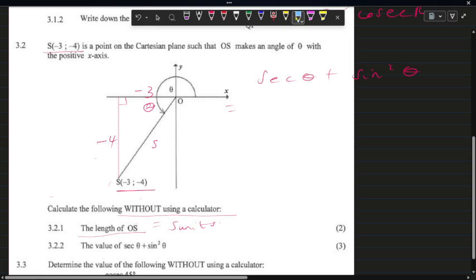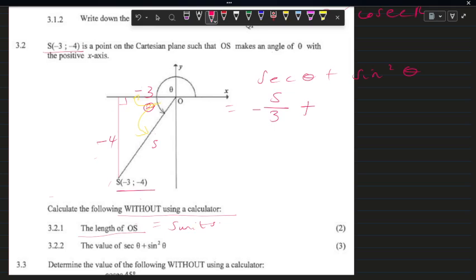Sec theta is the reciprocal of cos, so it is hypotenuse over the adjacent. Our hypotenuse side is this one, and the adjacent side is that one. So sec theta will be hypotenuse, which is 5 over -3, like this.